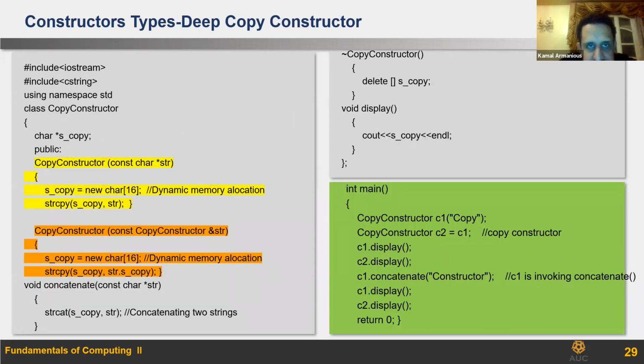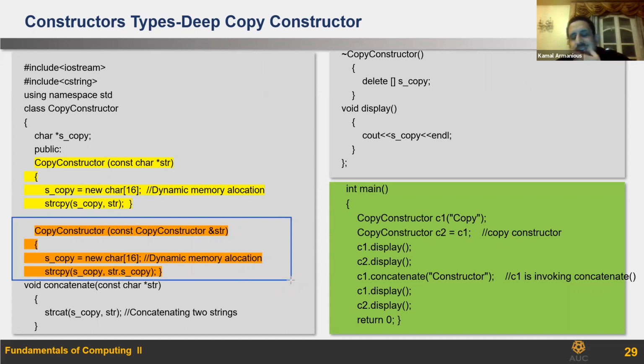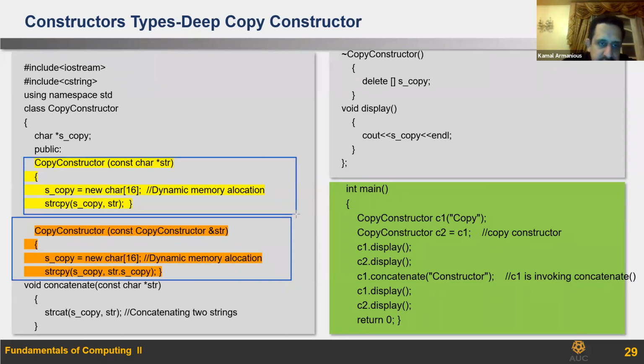The second difference is that you have to write your own copy constructor. So this is the normal constructor, and this second one is a copy constructor. It looks the same.